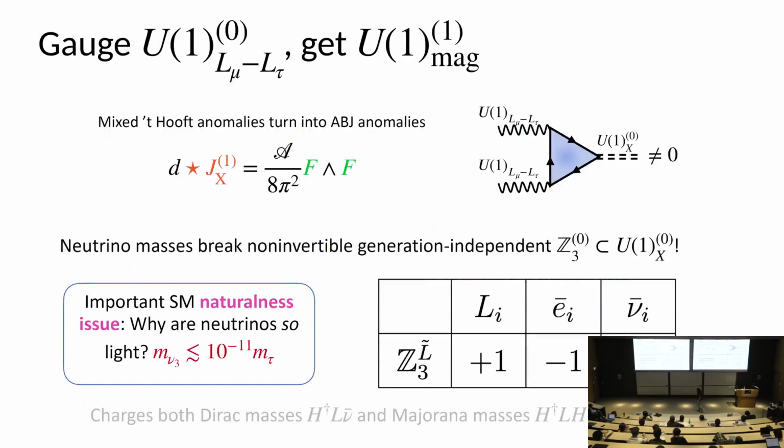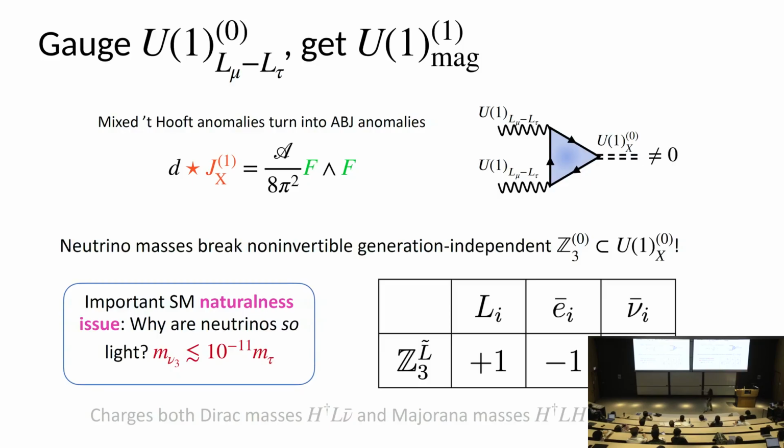L mu minus L tau has lots of phenomenological motivation. It's been studied tons and tons of times for neutrino masses, g minus 2 of the muon, B anomalies, yada, yada, yada. So we're going to gauge the zero-form U1 L mu minus L tau. As you know, we then get a U1 magnetic one-form symmetry.